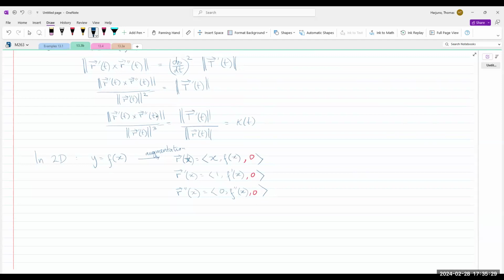Okay, now the magnitude of r prime x is the square root of 1 plus f prime x squared.